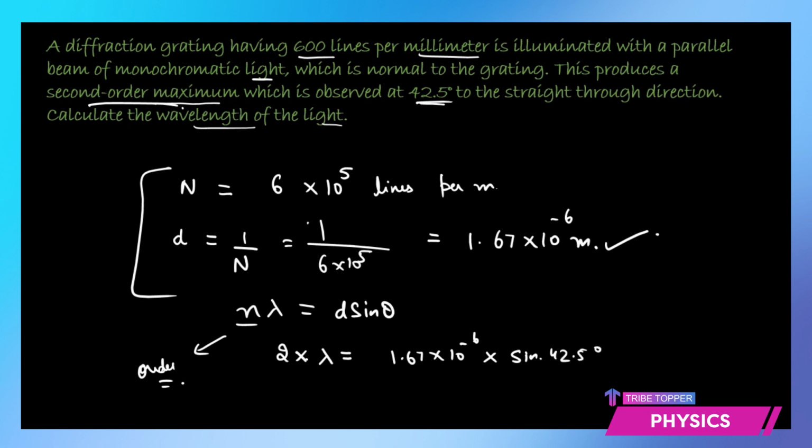So plugging in all the values, you get lambda is equal to this whole thing divided by 2, and you get an answer of 5.64 into 10 to the power minus 7, or you can say 564 nanometers. That is the wavelength of the light which is passing through the diffraction grating.